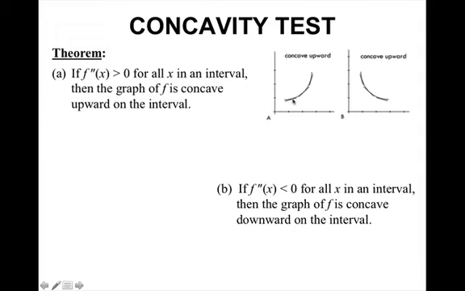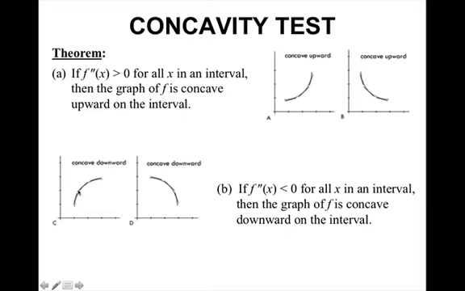So here's concave upward. There's two different ones. Notice that the second derivative is positive, which means that the function itself is above the tangent lines. And then concave downward, the function is below the tangent lines.